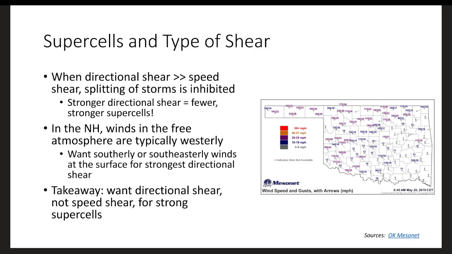This is good because it gets your rotation started, but it also brings in the Gulf moisture at the surface, and then it brings in dry air in the mid-levels, and so that air is able to rise as well. So you want directional shear, not speed shear, for strong supercells.